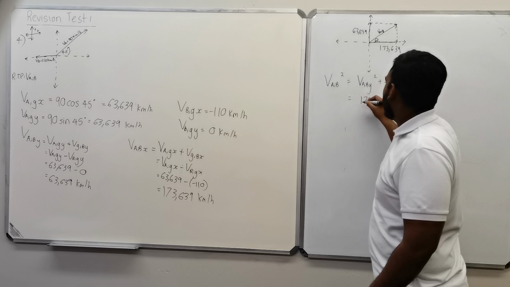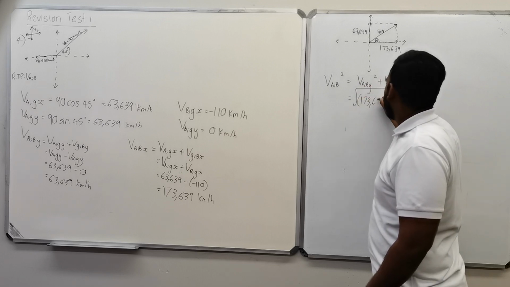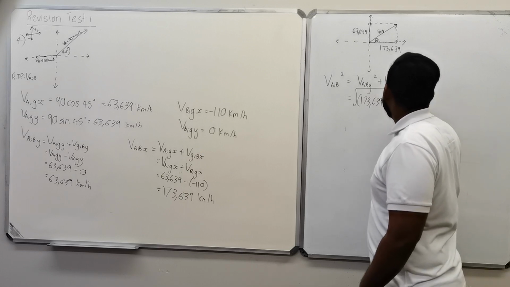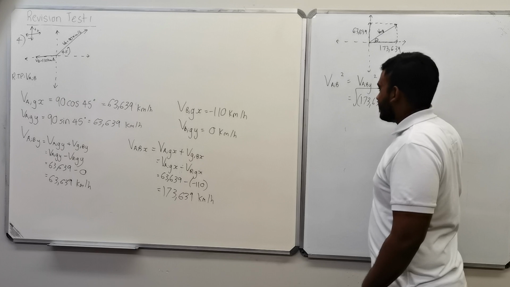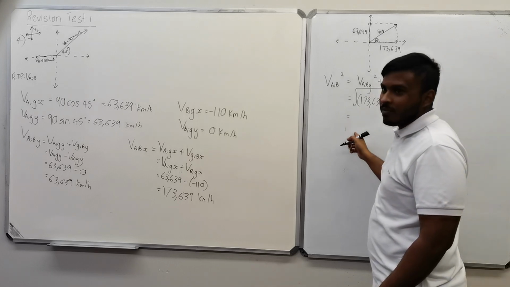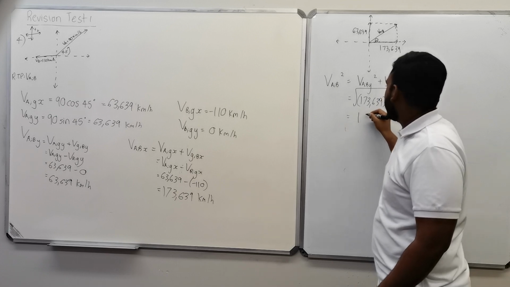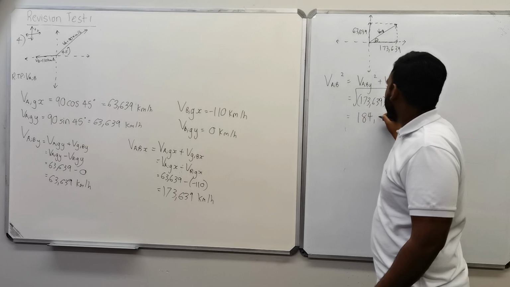Take the square root of 173 squared plus 63.639 squared. 184.939. 184.935.